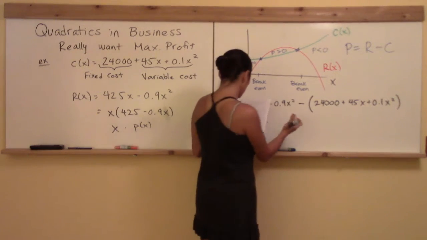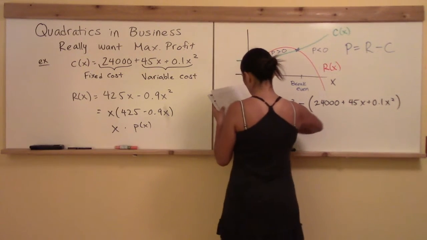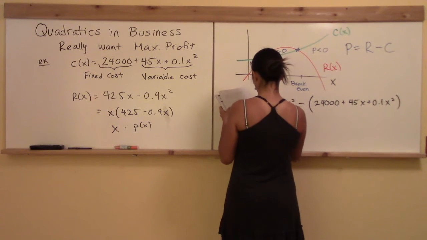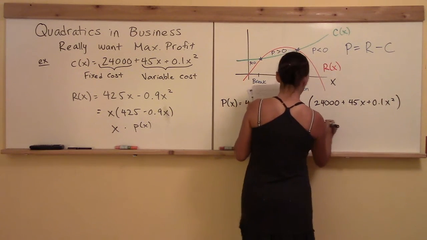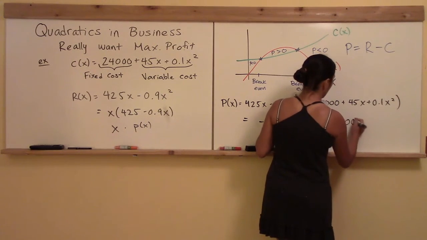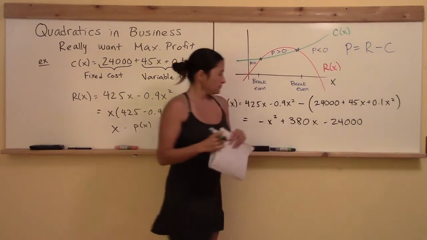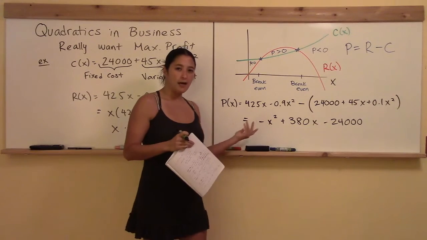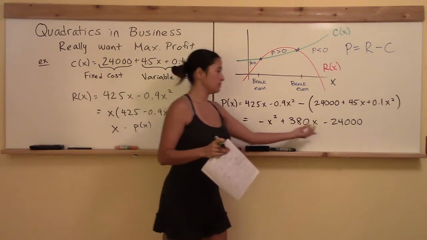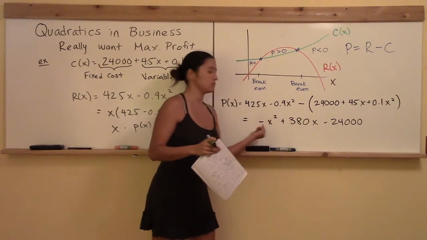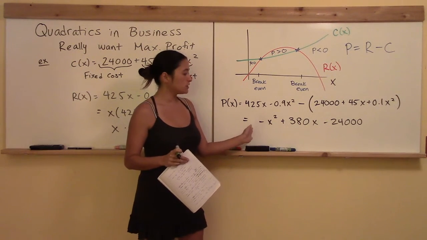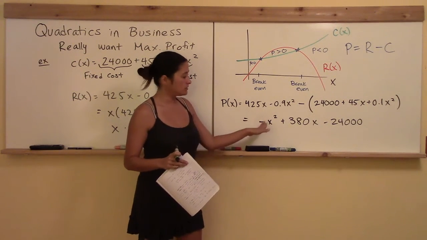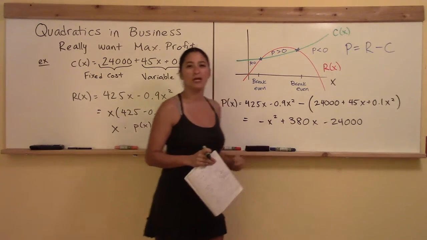Make sure you know how to do this. Once you combine the terms, what I got and what you should get is minus x squared plus 380x minus 24,000. Now you might have these terms jumbled up, like maybe you have this one in the front or this one in the front. It doesn't matter if the terms are out of order. You just have to keep in mind where the A, B, C are located.